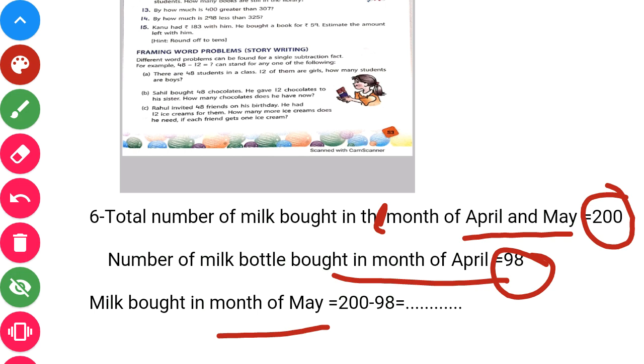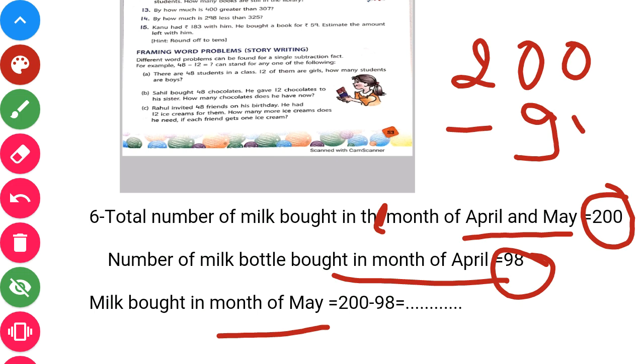Okay, so let us subtract. We have to subtract 98 from 200. As you know, we always start with the ones place. We are having 0 there. This 0 will take a borrow from the number at tens place.